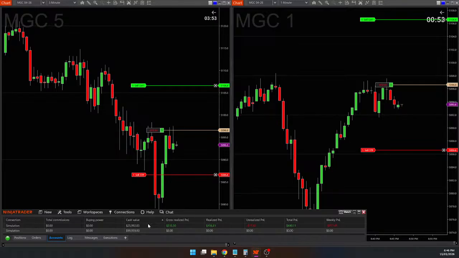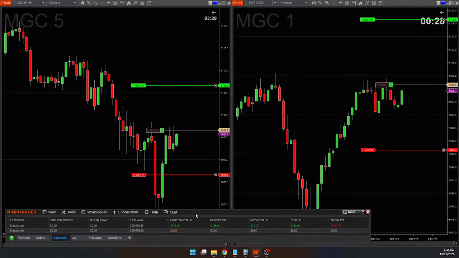This is just a simulation account, but I'm trying to simulate the evaluation process of achieving funding. So once that reaches 26250, that's a pass, and then I have to simulate getting a payout, and then I'll be more confident to actually take the evaluation.